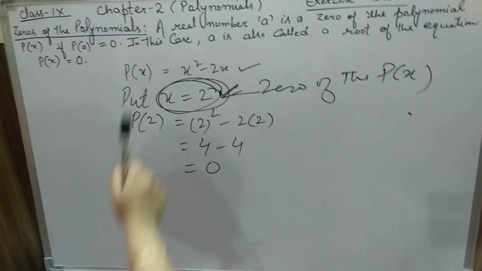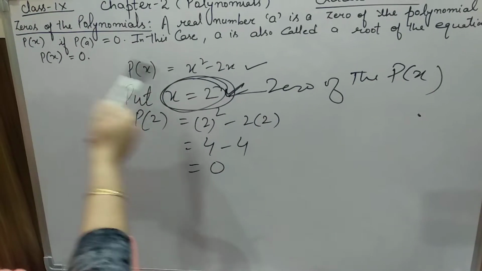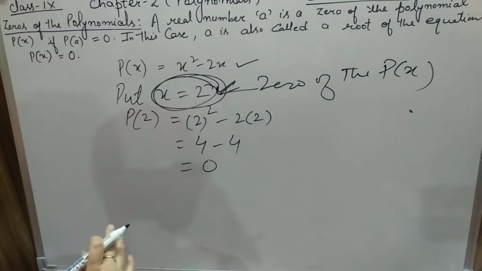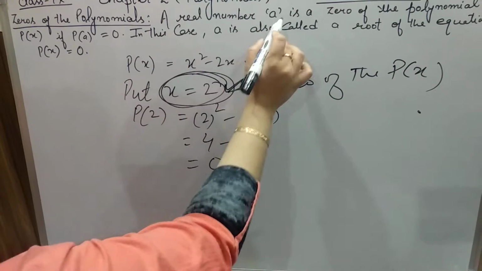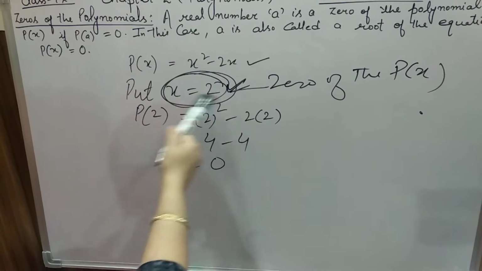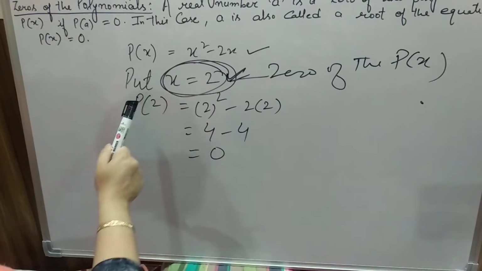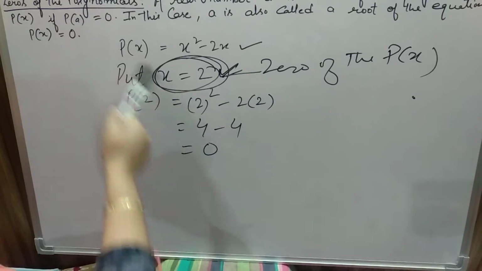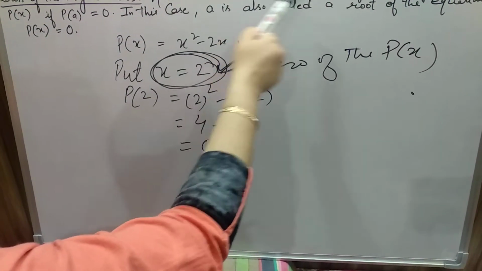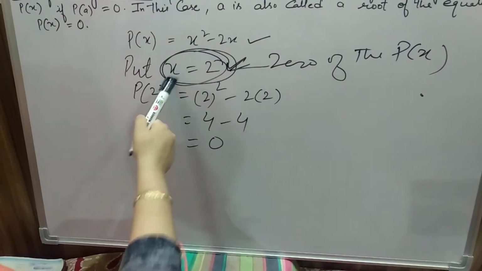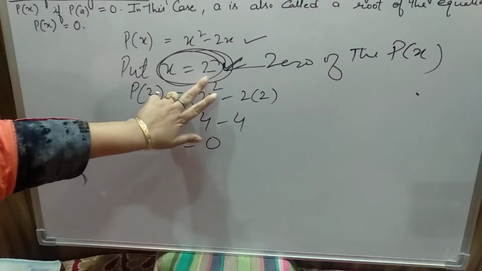Right? Here, polynomial p(x) means x square minus 2x. According to the definition, a real number a, here x = 2 is a real number, p(a) = 0, p(2) = 0. In this case, this a is a zero of the polynomial, where a = 2, that is x = 2.